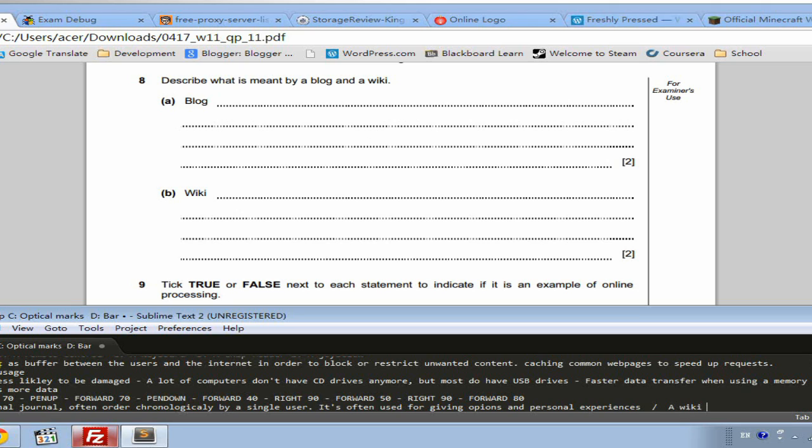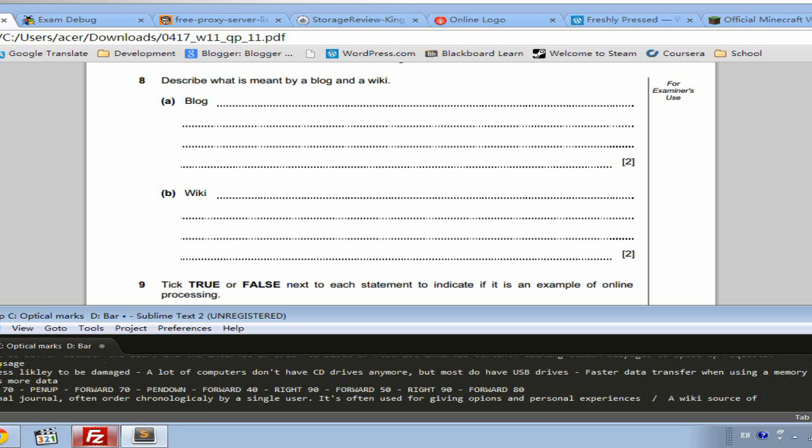On the other hand, a wiki is a source of information on a particular topic. For example, Minecraft.